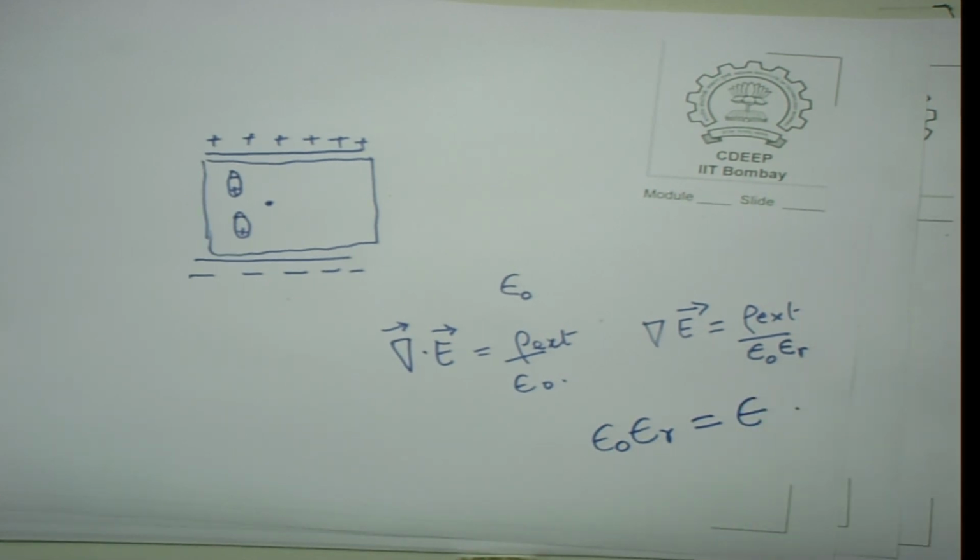All that is done in Maxwell's equations is to consider only the external charges, but then put a correction factor, or you multiply a factor epsilon r with epsilon naught, and in fact this polarization increases with increasing electric field. So, this is a kind of proportional correction which you apply. So, that works out quite well.